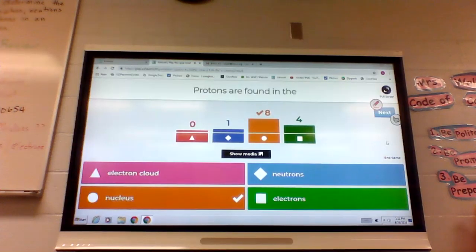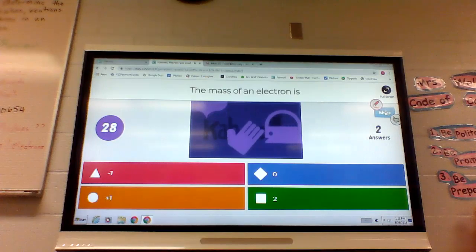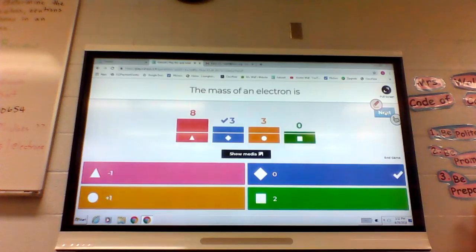Protons are found in the nucleus. I don't know why people would tell me protons are found in the electrons. They're not in the electrons. That's the mass of an electron. The mass of an electron is 0.